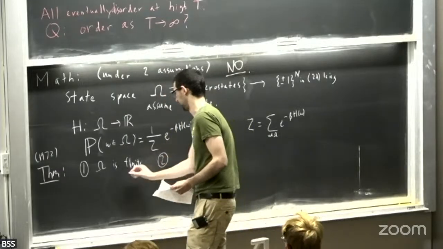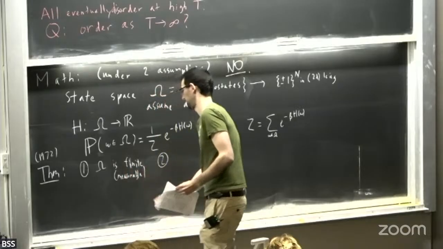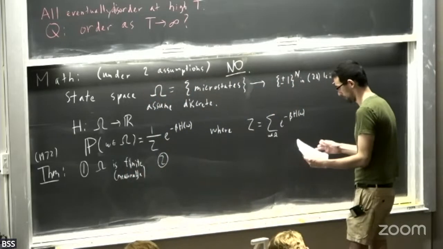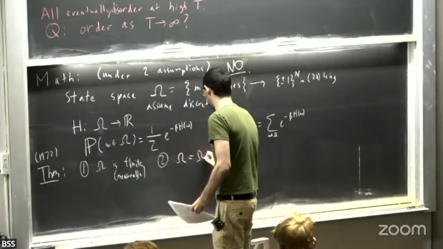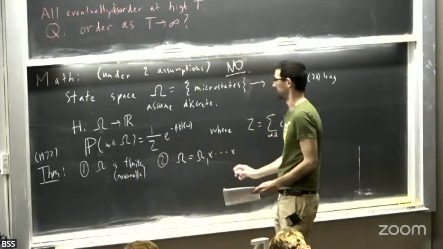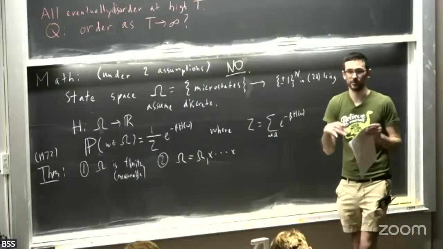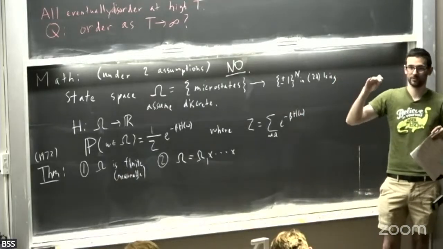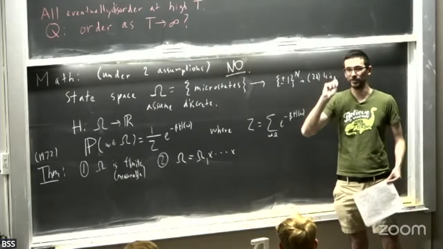Maybe to be a little more precise, I could say this. Secondly, if basically there are no hard constraints in the configuration space, so like all possible spin configurations are allowed. I don't restrict to only spin configurations where one spin in any region can be up.